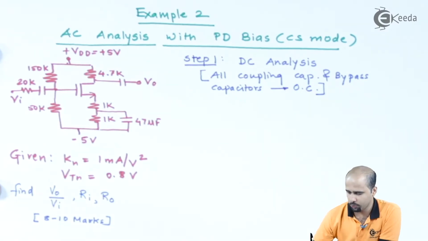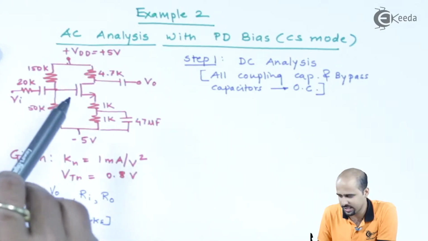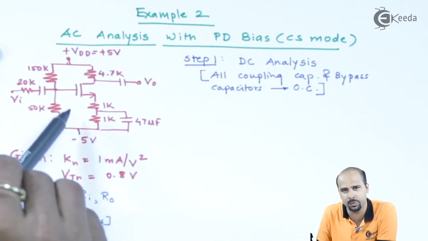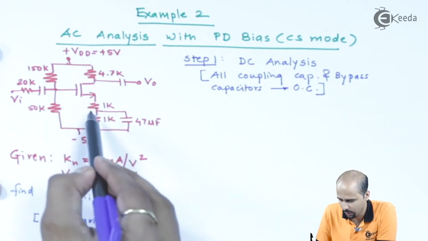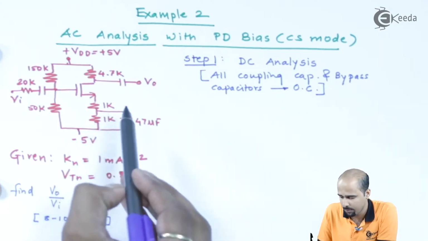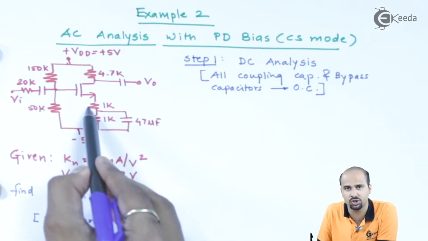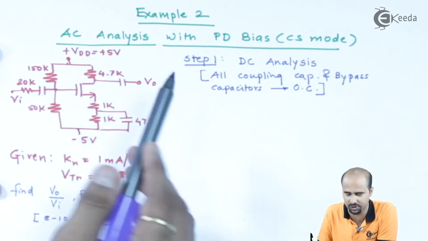Okay, so if you look at this circuit carefully, you may notice that there are two resistances placed at the source side, 1k and 1k each, right? 1k is connected with one capacitor in parallel with itself, right? And the other 1k is not connected with any capacitor in parallel with it, of course.